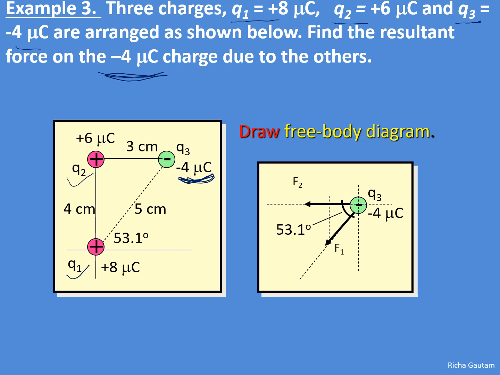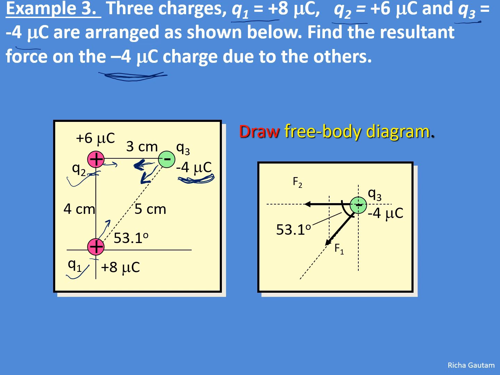Since they both are positive charges, this will get the force of attraction between them. So Q3 is getting one force in this direction because of Q2, and one in this direction because of Q1.